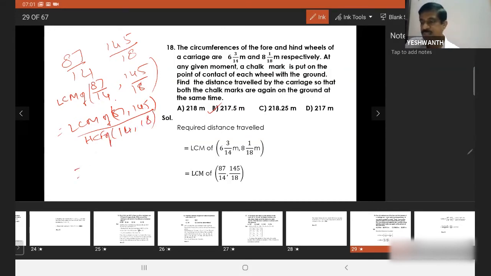So LCM of 87 and 145 should be 435, divided by 2. So that is equal to 217.5. Please note it fast, quick.